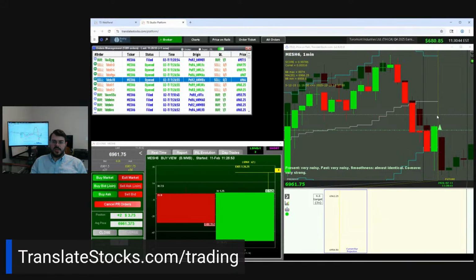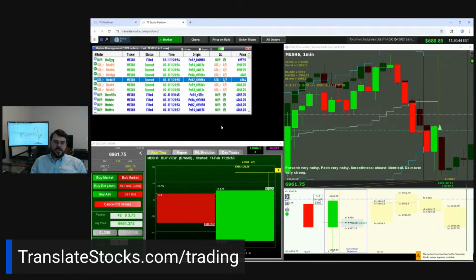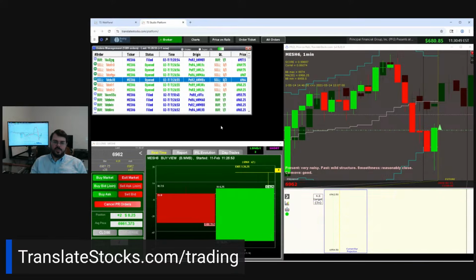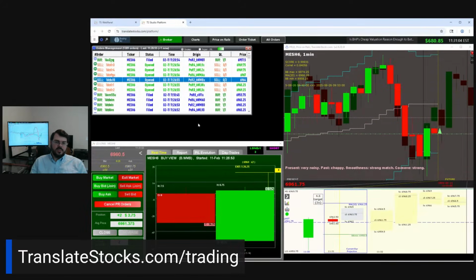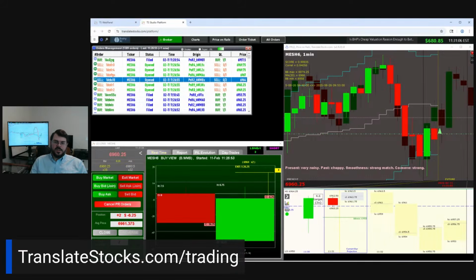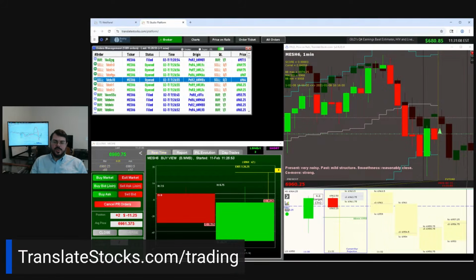And this is the take profit that we are expecting, 6964. And sometimes when the price is 1 tick from take profit, it changes the exit order by 1 tick, so it hits your price easier.